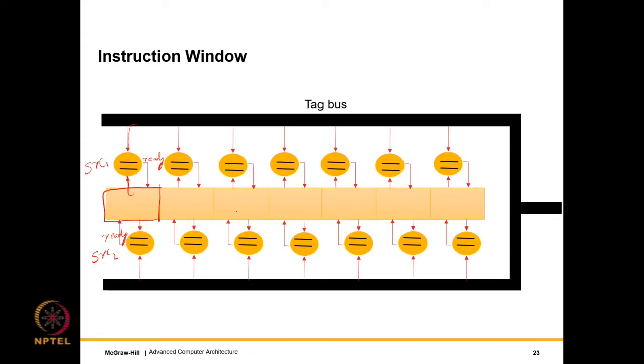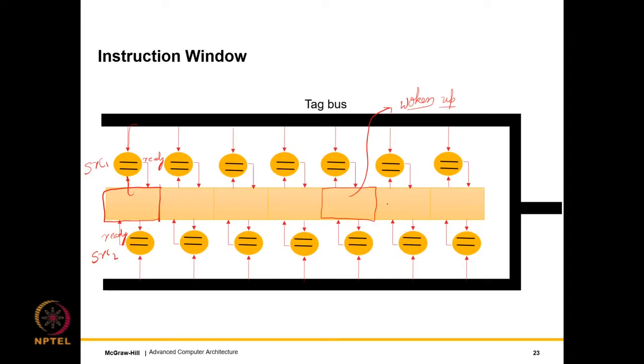This is done for every single entry, and for any instruction where both the ready bits are set, the instruction is said to have woken up. So every cycle, whenever we broadcast, we will definitely wake up some operands, and we will also wake up some instructions if the rest of the operands are ready.